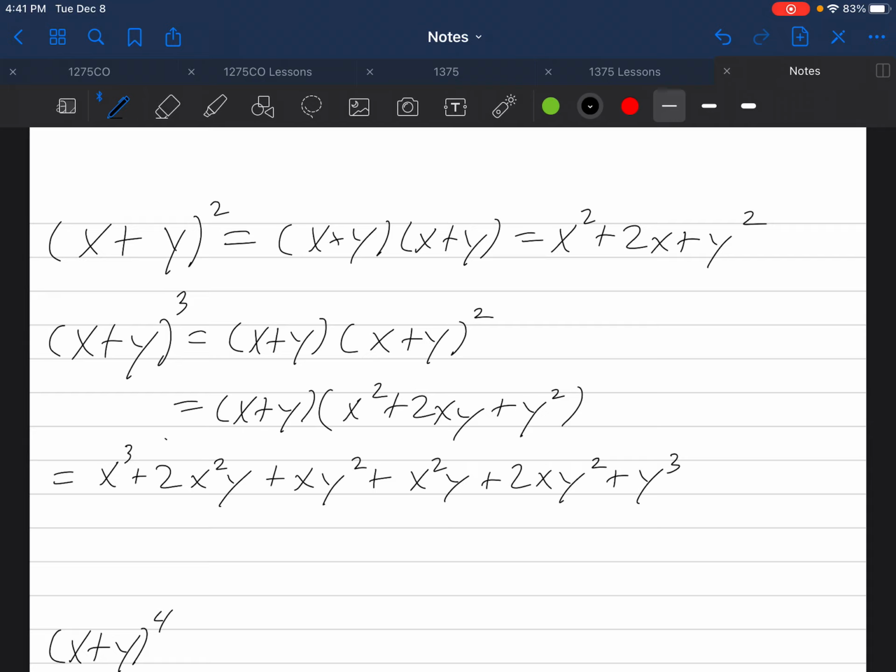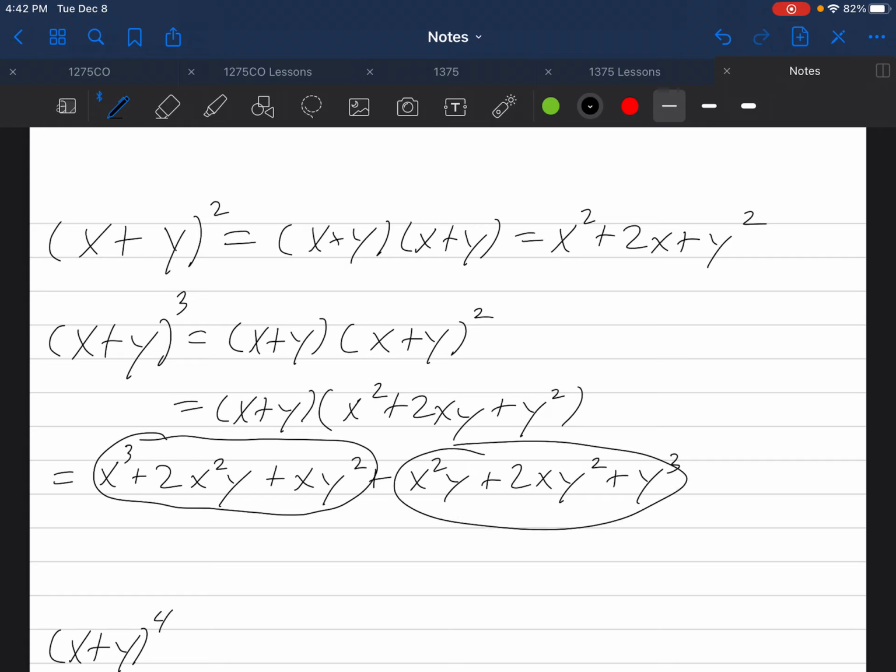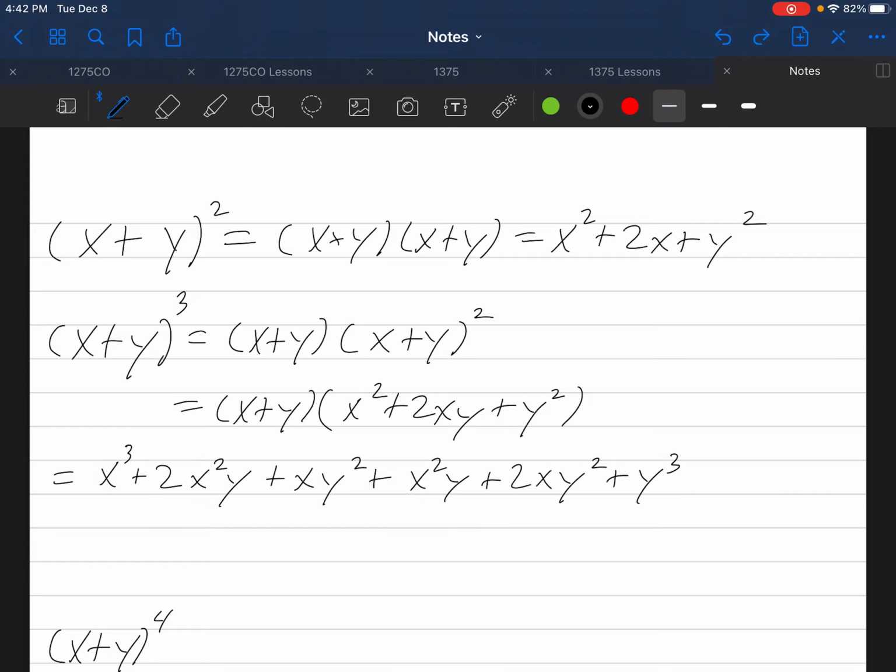Again, we distributed x into here, and then we distributed y to get those three terms. Now let's combine like terms.